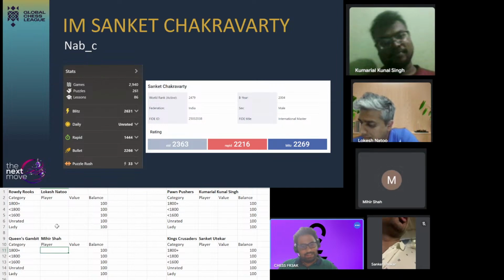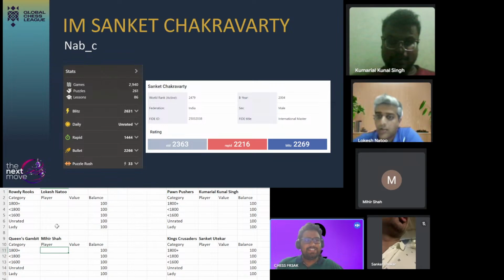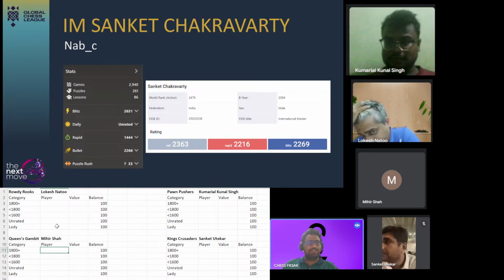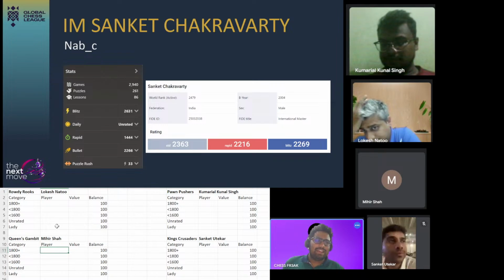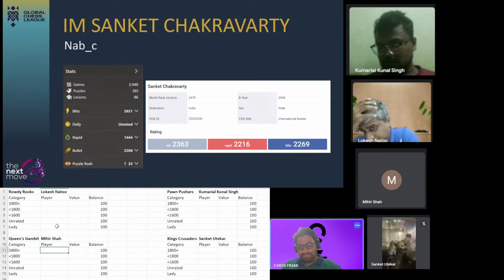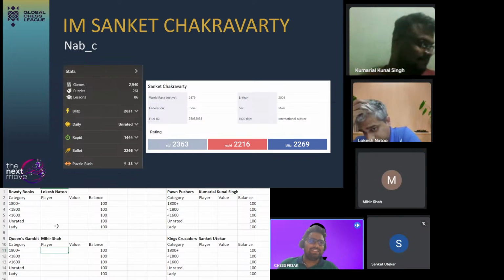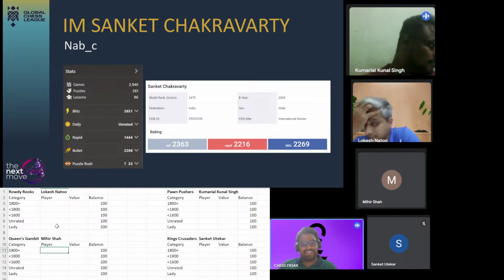Lokesh Natu has his hand up. 46 points, Rowdy Rooks. Wow, the first player of the auction, and it has already gone wild. 47 points, Queen's Gambit. Guys, it's a tense auction going on.